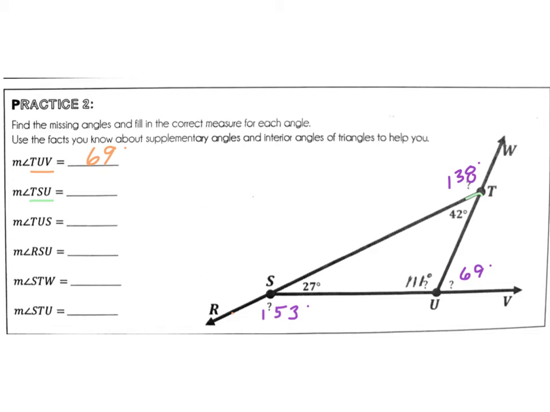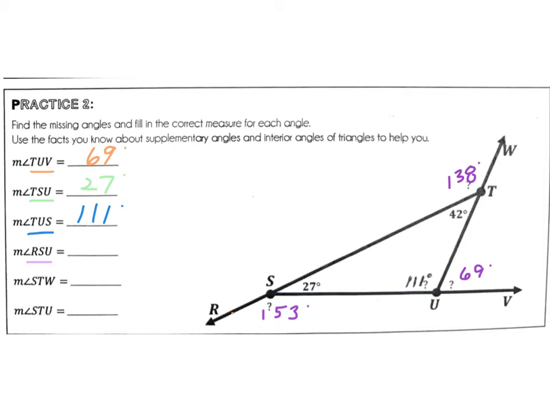So T to S to U. Okay, so T to S to U is referring to 27 degrees. That's an acute angle. Moving on, TUS. T to U to S. I connect those, so that's referring to the 111 degrees.